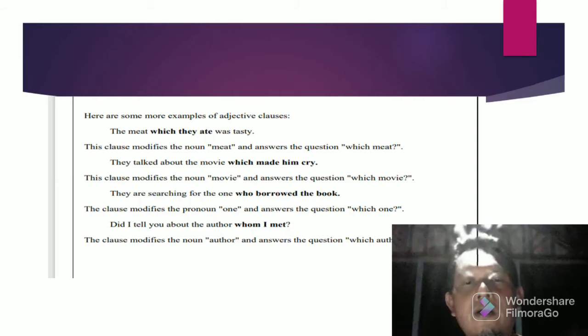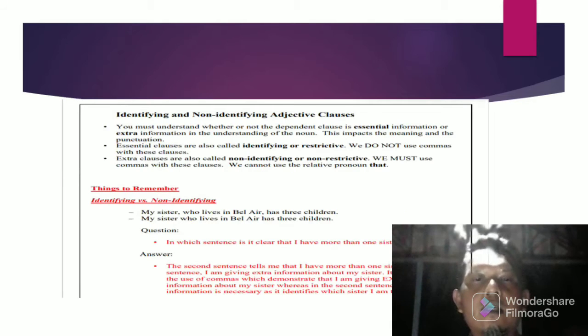Pay attention again and again to the examples, and take a look at the bold printing in the examples on our PowerPoint: the meat which they ate, then which made him cry, then who borrowed the book, then whom I met.